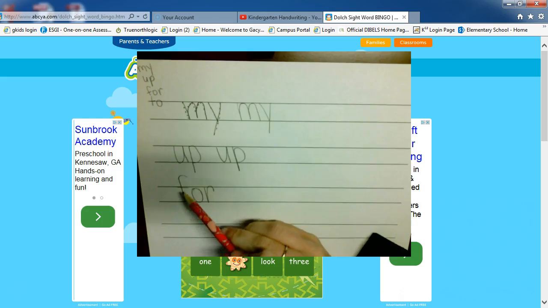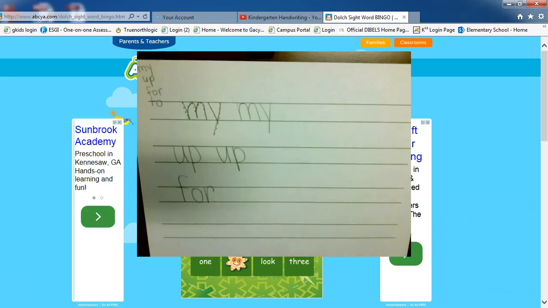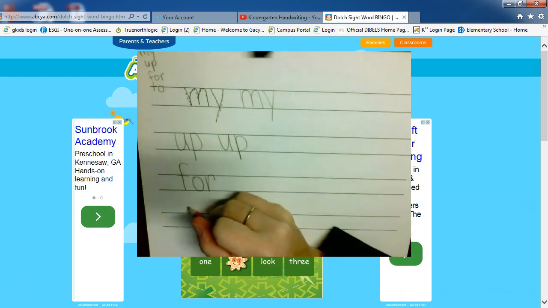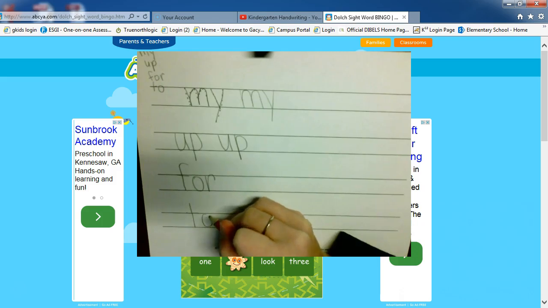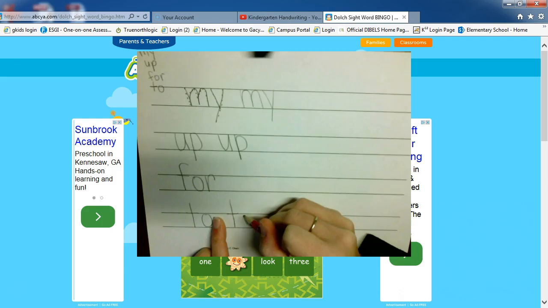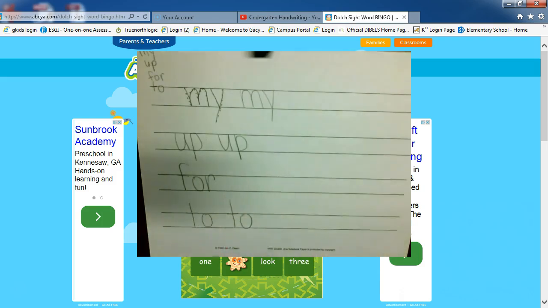Make sure that F is above that line. And then our last word, which is the word to. And have them write that word all the way across as well.